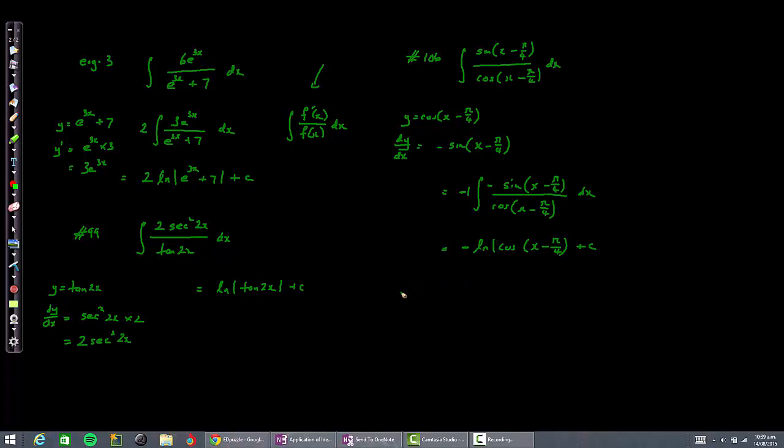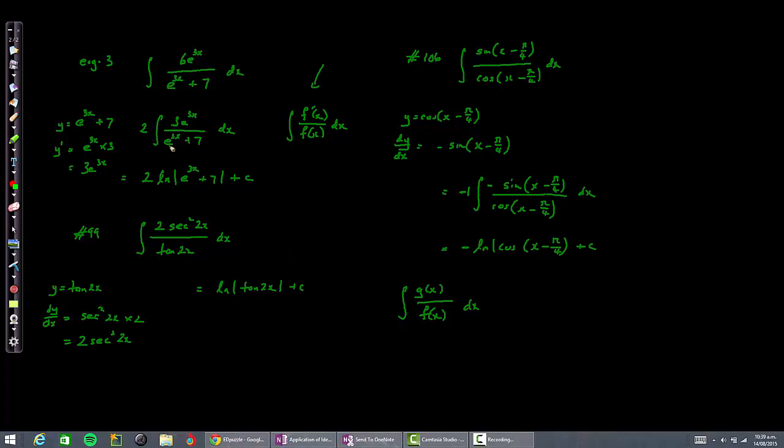So what's the message here? If you have a situation where it's one function over another, with a function on the bottom and some other function on top, have a look to see if you can arrange it so that the function at the top is the derivative of the one on the bottom.